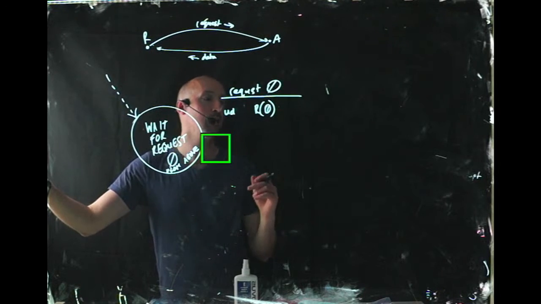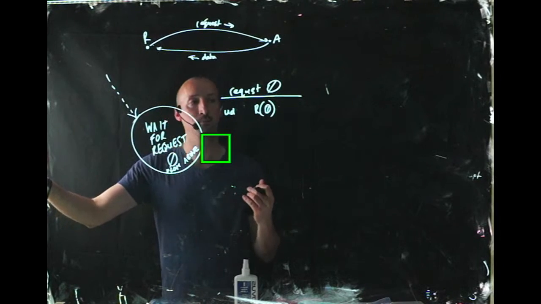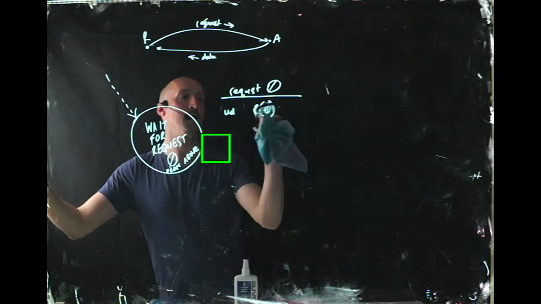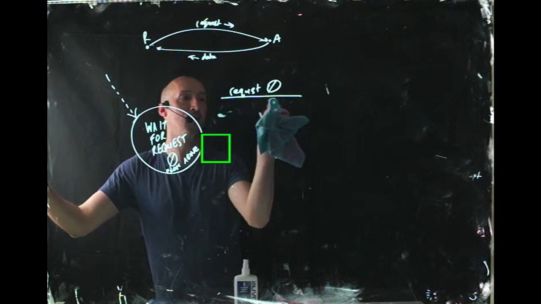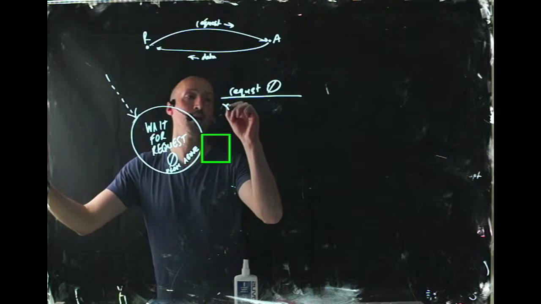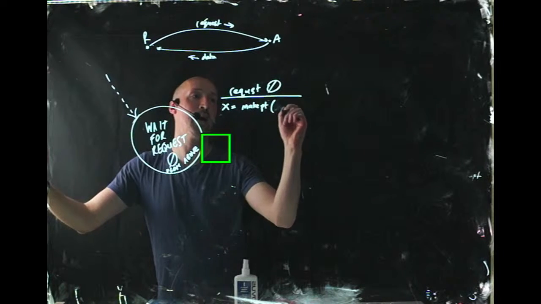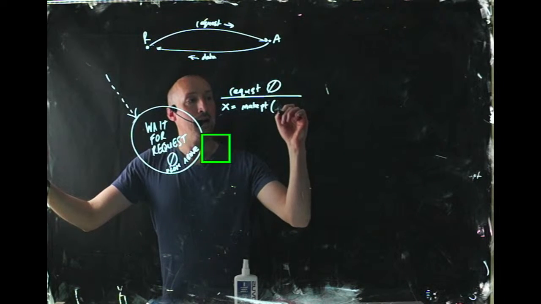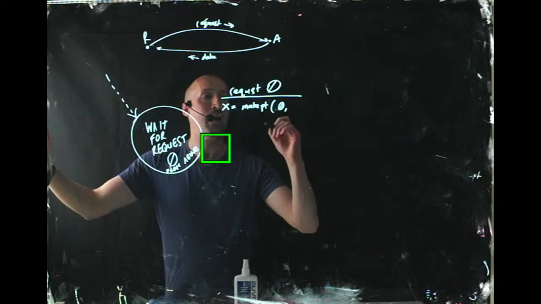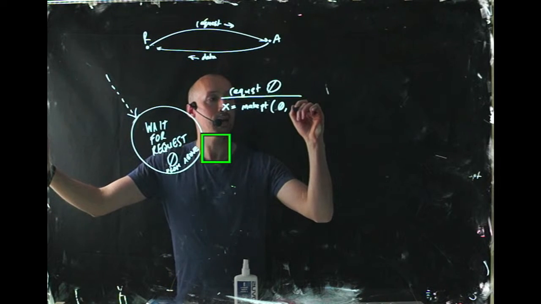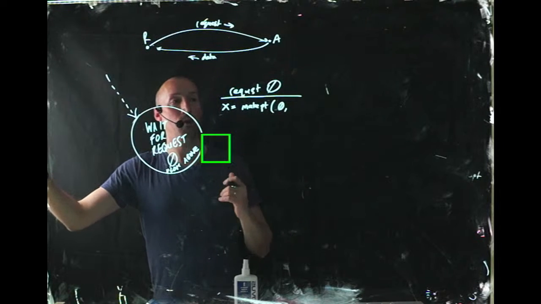So if it can corrupt, I need a checksum. I'm going to have to make a packet, let's call it X. It's very similar. X equals make packet, give it a sequence number 0. We don't need any data, it's just a simple request.